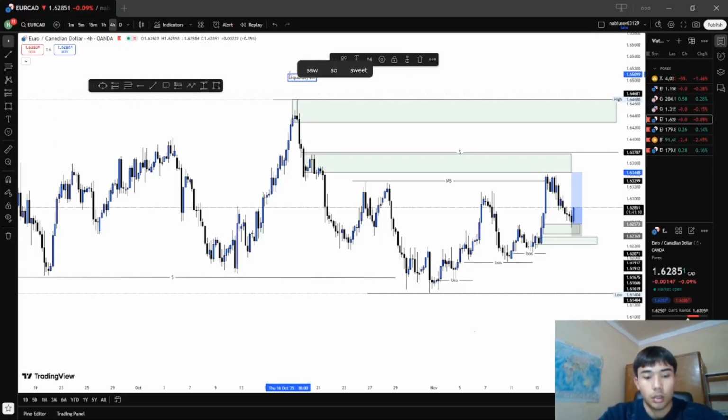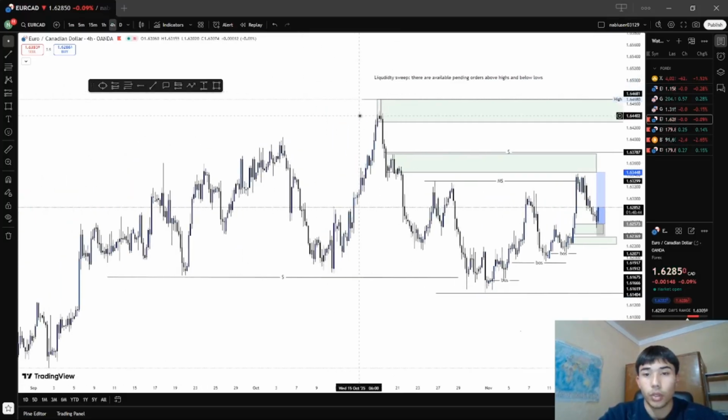liquidity sweep, which means there are available pending orders above highs and below lows.